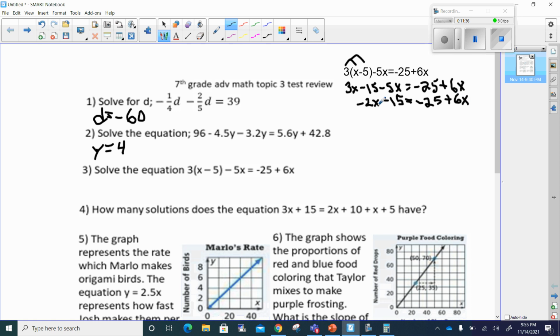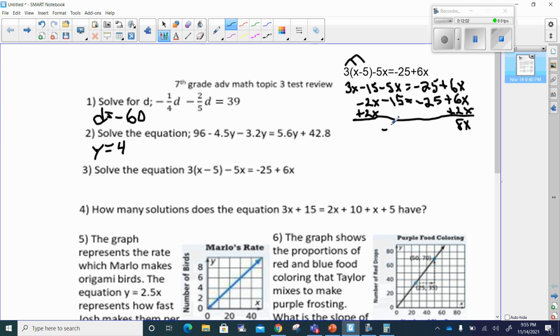Now I got to combine my x's on the opposite side. I'm going to go ahead and move this negative 2x because I know to get rid of it, I'll need a positive 2x. And that will leave me a positive number over here when I add 2x to this side. 6x plus 2x gives me 8x. And negative 2x plus 2x leaves me nothing.